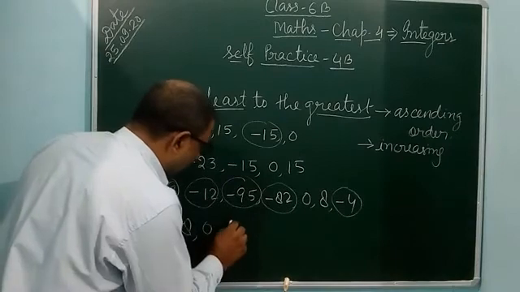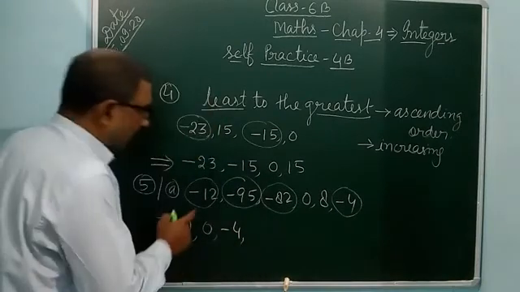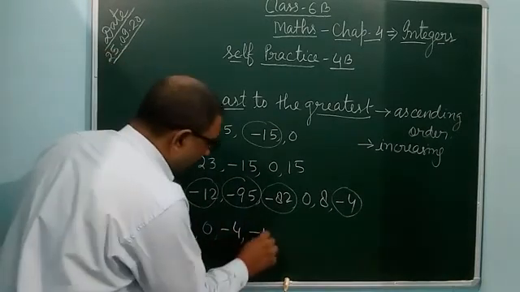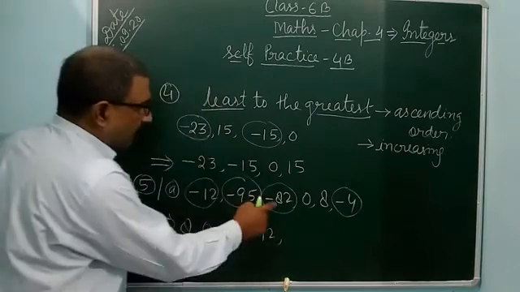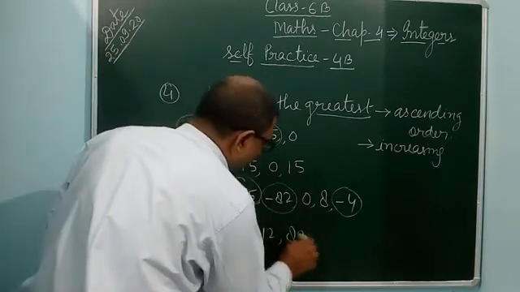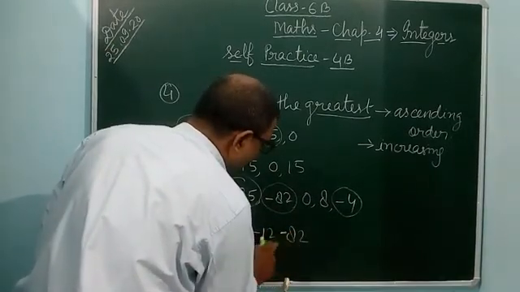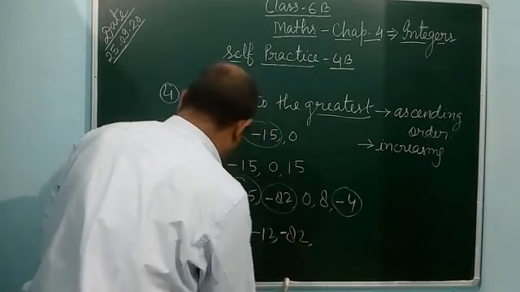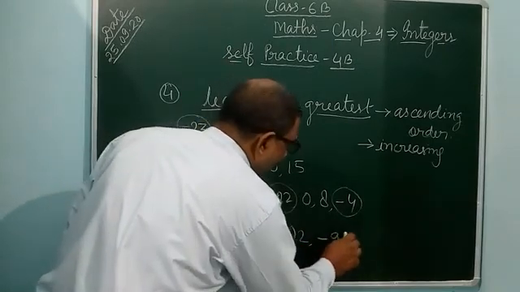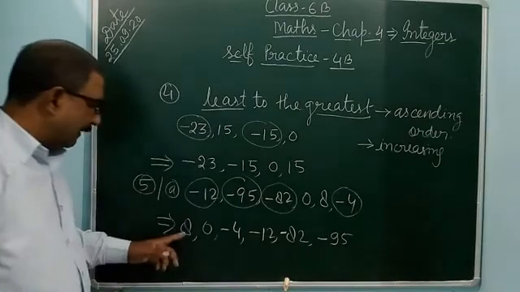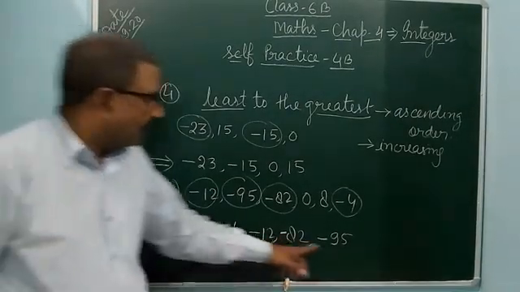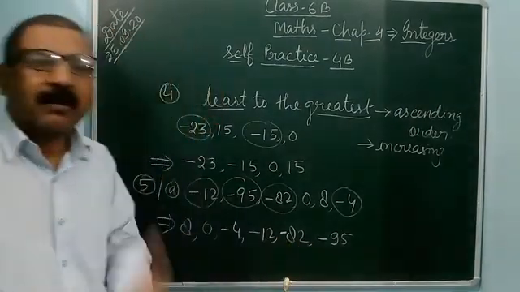So minus 4. After minus 4, minus 12. After minus 12, minus 82. After minus 82, at last minus 95. It means 8 is the greatest number and minus 95 is the smallest number.